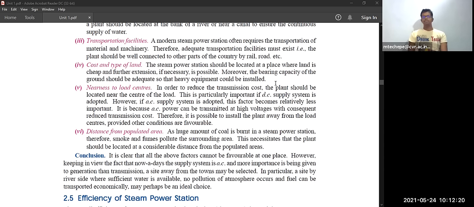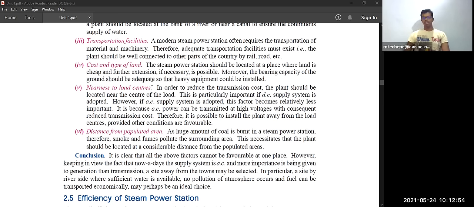Previously they may have skipped volcanic places and some other places, but nowadays wherever you allot, even in the desert, they are constructing the power plant. Nowadays the technology has improved like that. With some technologies they are constructing the plant and installing the equipment anywhere in the world.